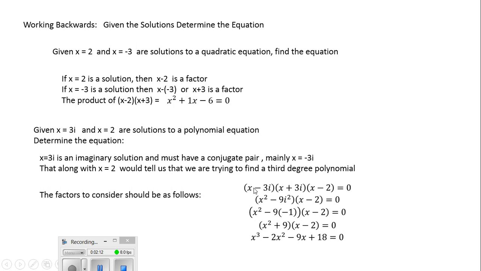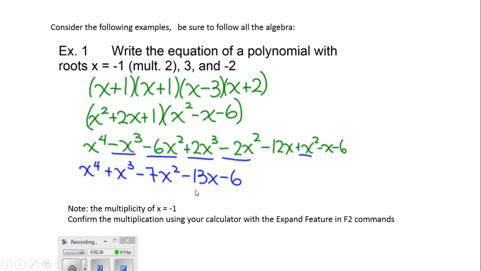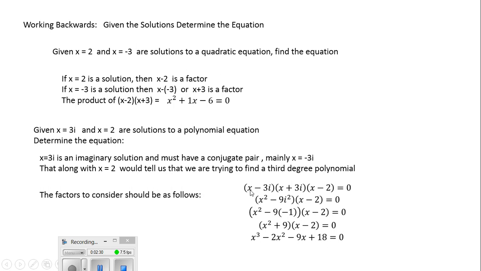such that the product of these three, x minus 3i, x plus 3i, and x minus 2, must result in giving us the polynomial in question. Okay, so backwards again, looking at that.